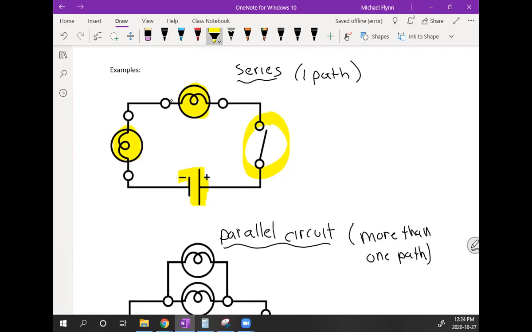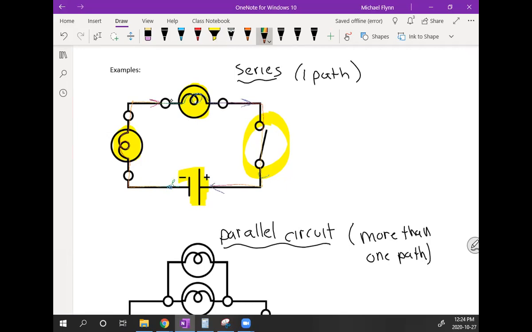We call this a series circuit because if you were an electron, there's their little electron, and you are traveling through the circuit, you would have to make your way through the wires, okay, like this, through the switch. The switch is open right now, but if you could go through the closed switch, back to the battery, okay? So you've got the electron making its way through everything.